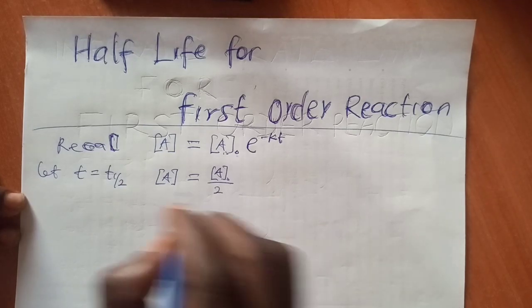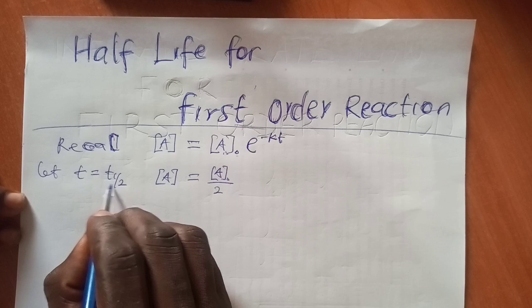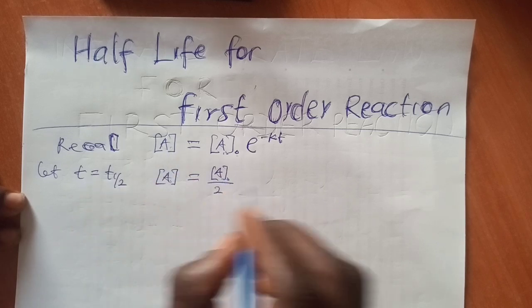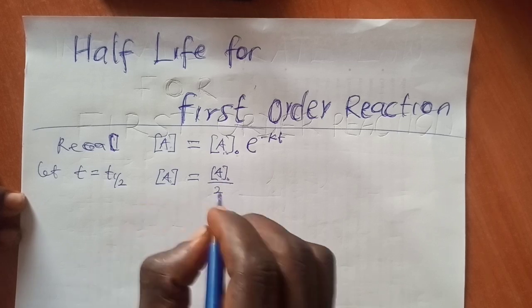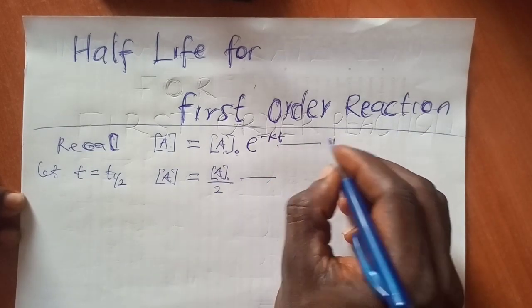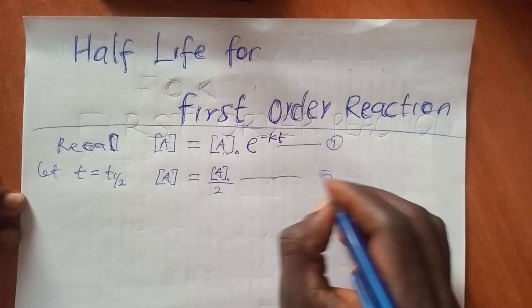So if I am putting this, let T be this and let A be this. Let me call this equation 1 and this equation 2.